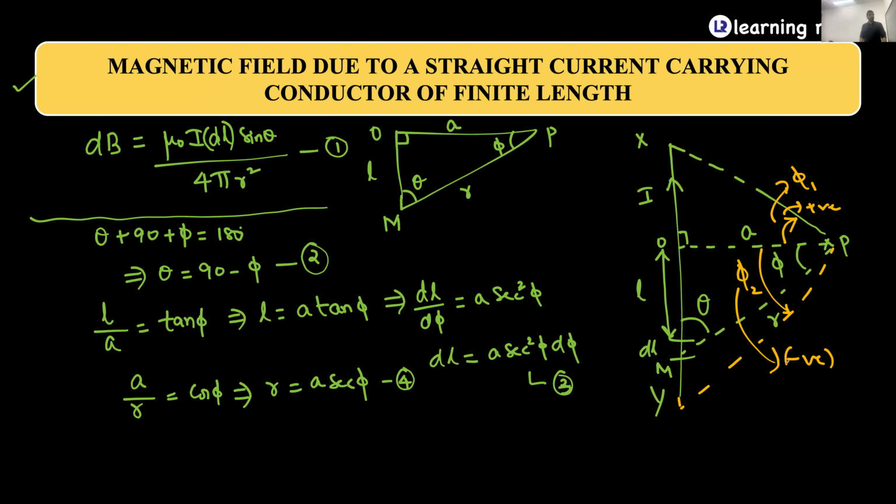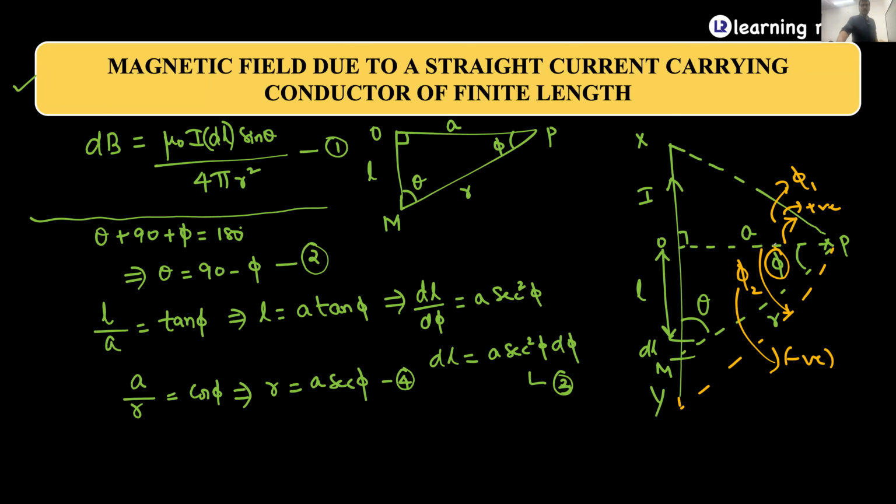So the value of phi, where is it varying from? Since you are integrating with respect to phi, it is varying from phi 2 to phi 1, but phi 2 is negative, phi 1 is positive.